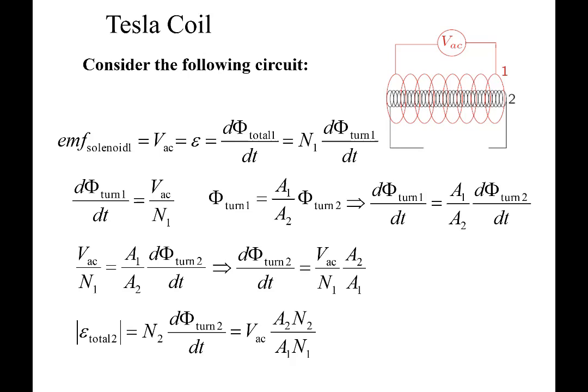And if we were to put some numbers to this expression, let's say coil 1 has 10 turns and coil 2 has 10,000 turns, and that the input voltage is about 15,000 volts.